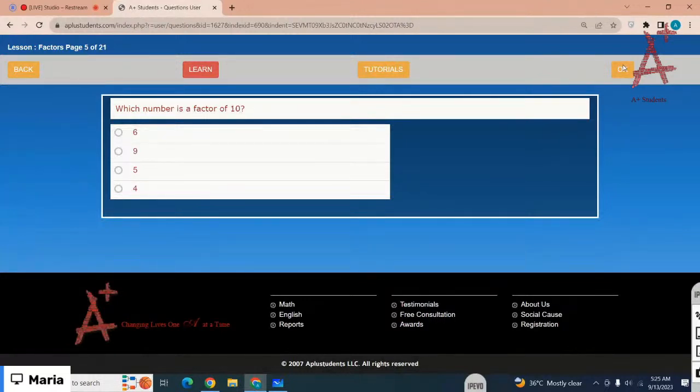Which number is a factor of 10? Which is the correct option? Yes, it is 5. 5 is the only factor of 10.